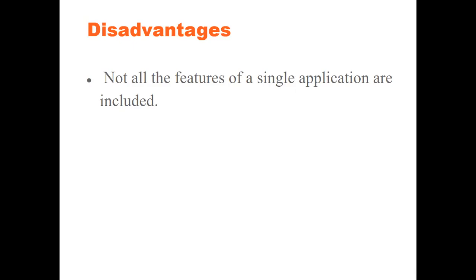If you want to animate things, then you can't use Microsoft Word. You can first type your things in Microsoft Word, but then if you want to animate them and put transitions, then you need to transfer them to PowerPoint. That's why we say not all the features of a single application are included. There are some which are meant to stay in those respective apps.